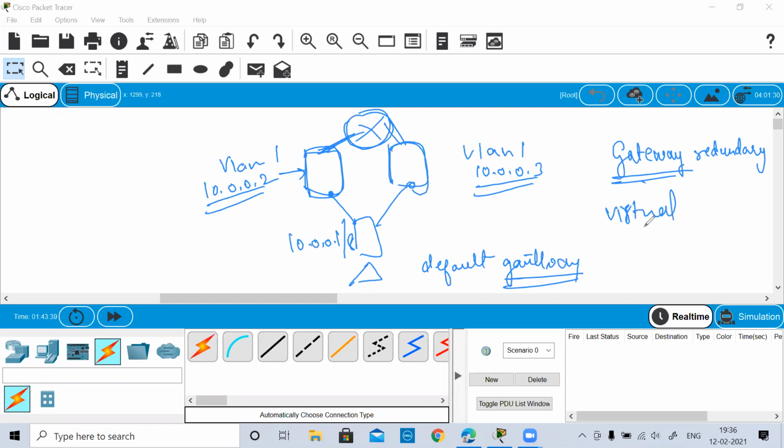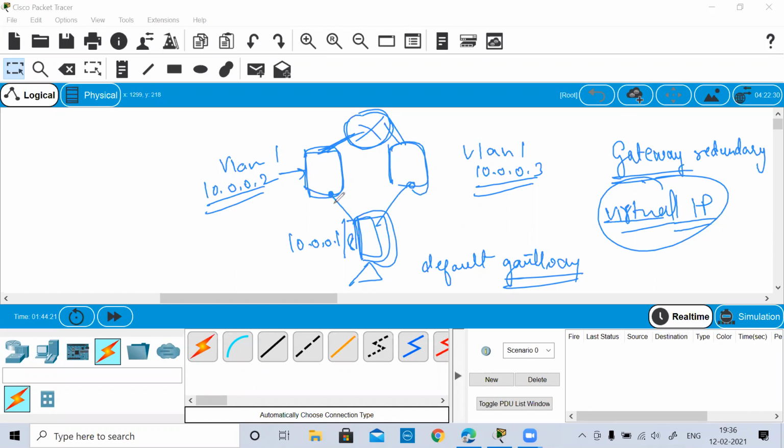That means if any of these links or the actual physical interface goes down, because generally the IP we give as the default gateway is the physical interface IP, then the virtual IP will come into the picture. You will be able to communicate to other subnets with the help of the virtual IP if the default gateway you have configured, that particular interface, has gone down.